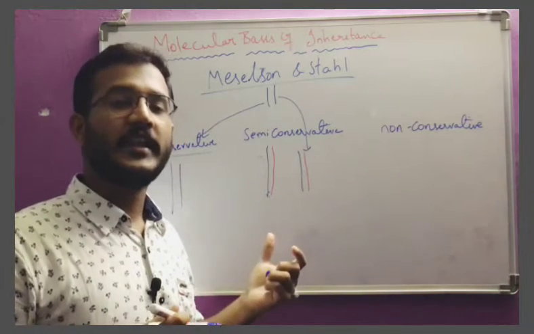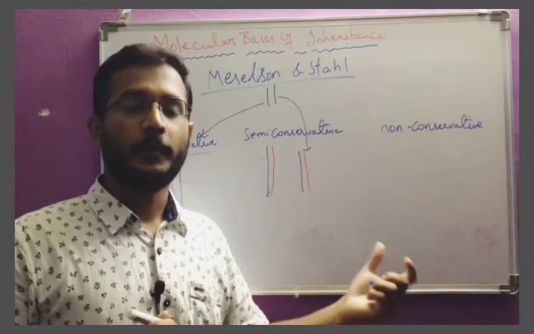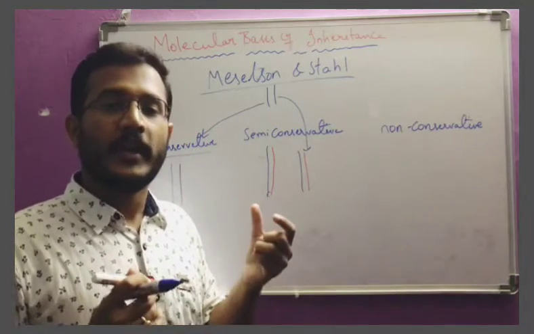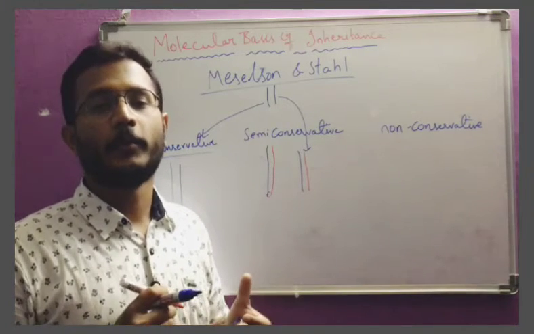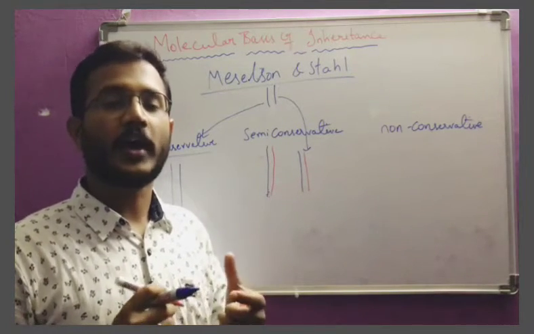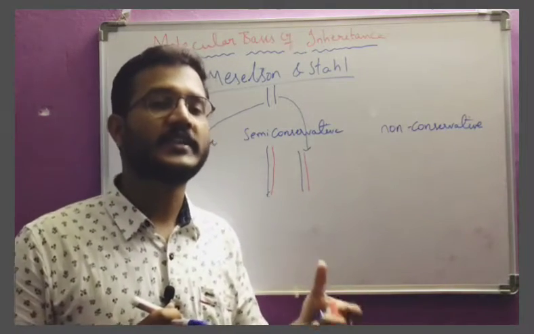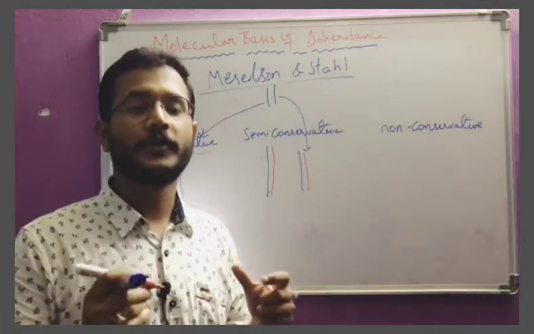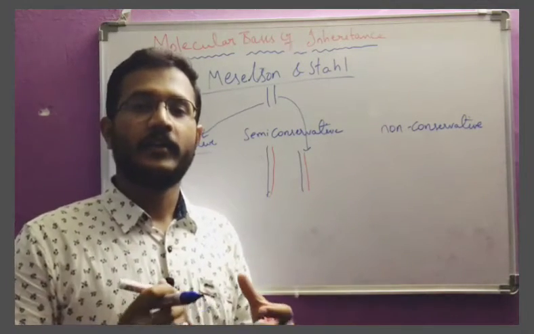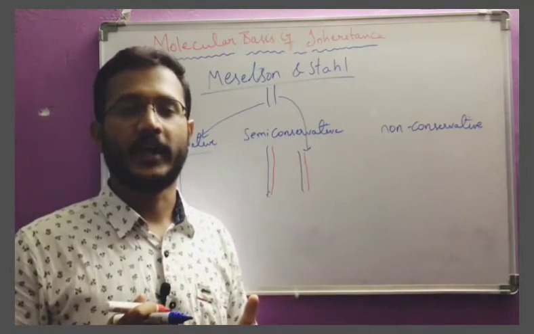So one is the leading strand, another is the lagging strand. Why lagging? Because the direction of helicase is opposite to the direction of action of DNA polymerase, so the action is somewhat slower. The strands formed are discontinuous strands, which are later joined by DNA ligase, forming a complete new strand.